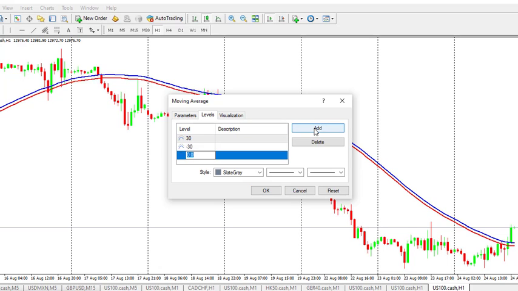The next one is going to be 60, and after that add another one, minus 60, and the next one add 90, and the last level we are going to add is minus 90. And I would like to use slate gray for the style. So I think this is okay.